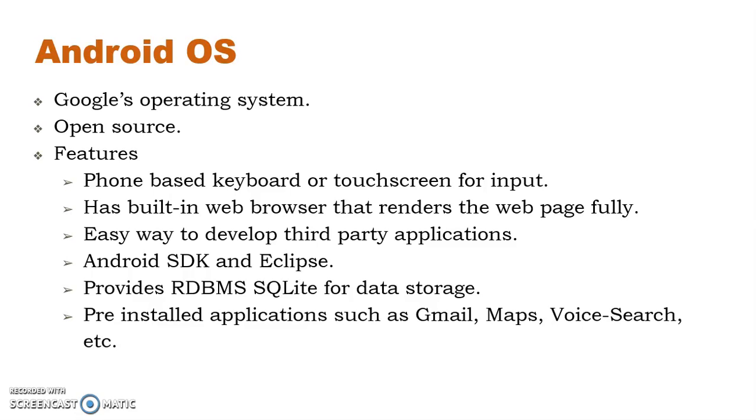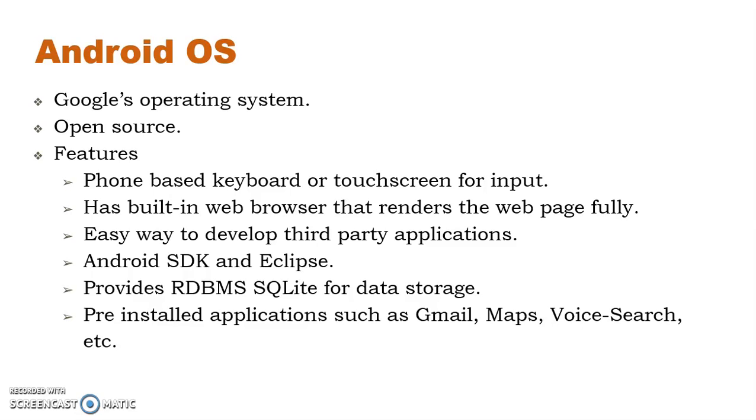The next one is the Android operating system. This is an open source operating system developed by Google. Some of the features are a phone-based keyboard or touchscreen for input. Next, it has a built-in web browser that renders web pages. There is an easy way to develop third-party applications.